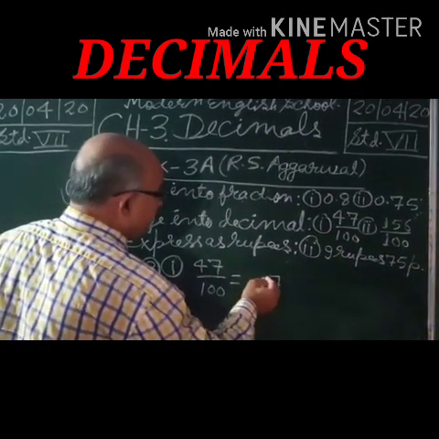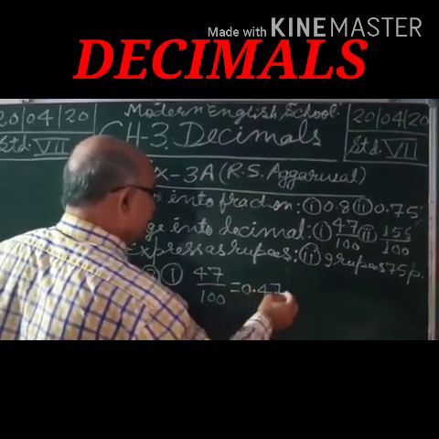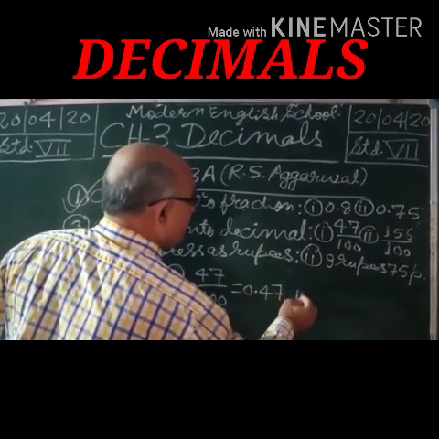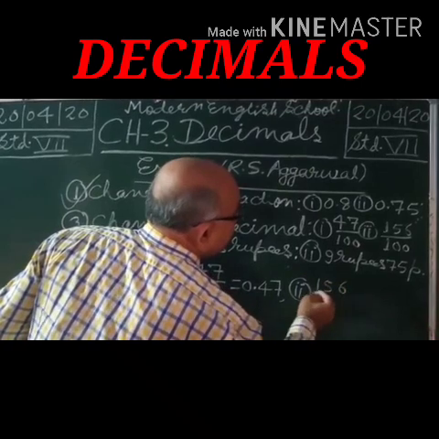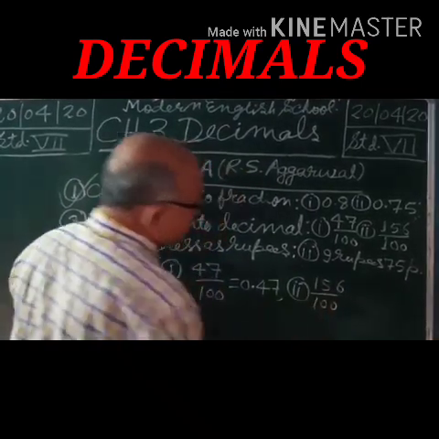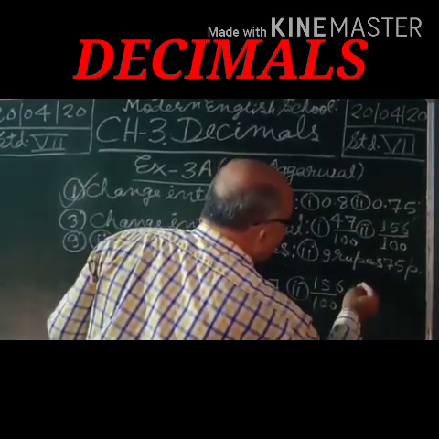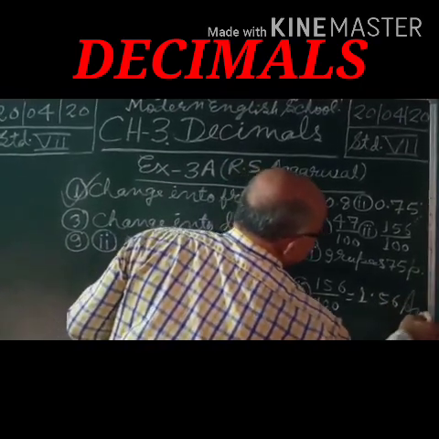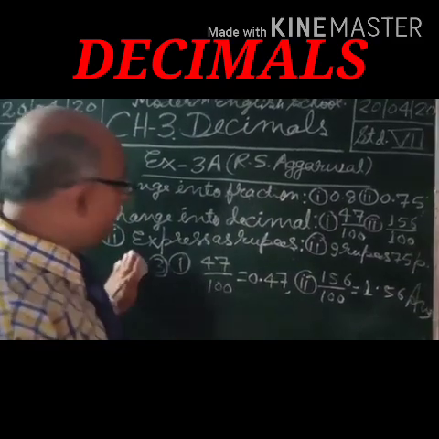So 0.47. Next, question number 2. 156 by 100. 156 divided by 100. So 1.56 answer. So question 3 also should write it.